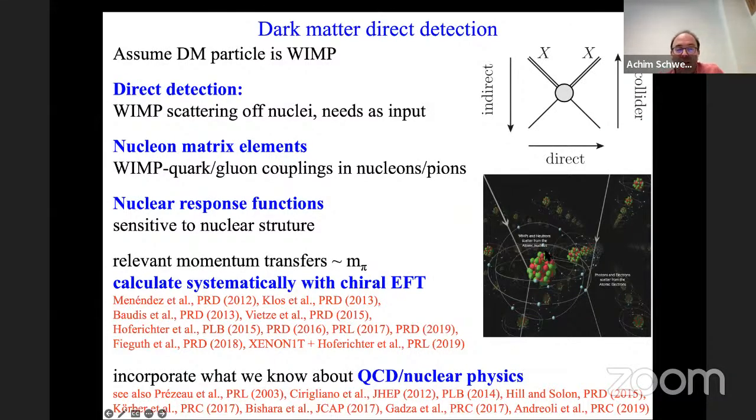If you look at the kinematics of a dark matter detection experiment, the typical momentum transfer from the WIMP to the nucleus is small, or at most of the order of the pion mass. So that's the prime area for chiral effective field theory, because the momenta are in fact low, where this EFT is working very well, as I showed you.